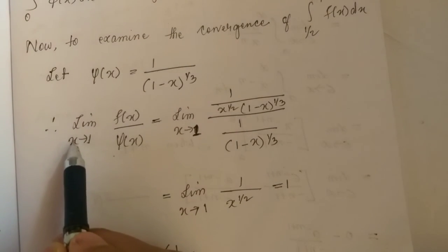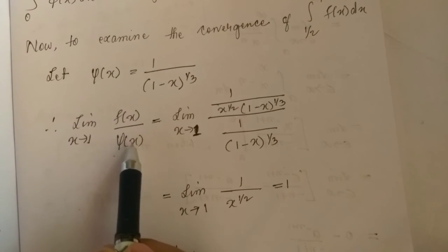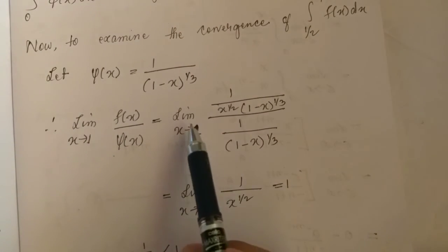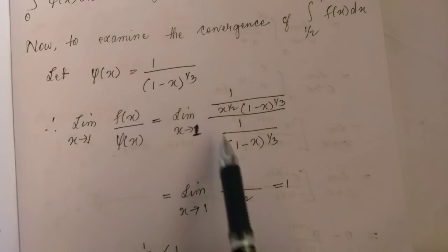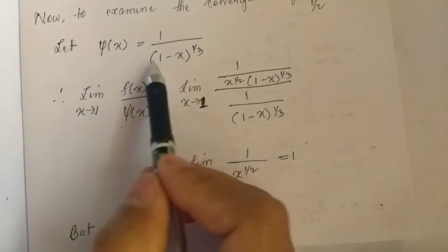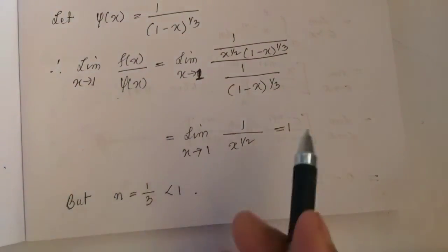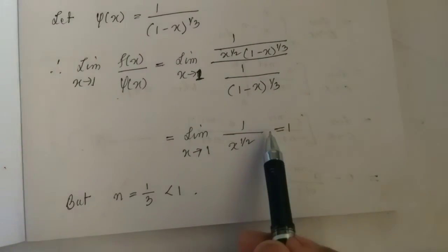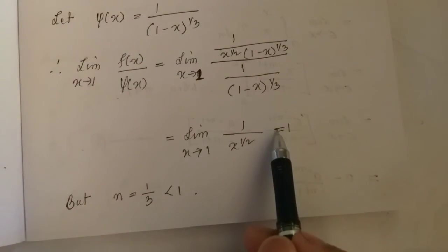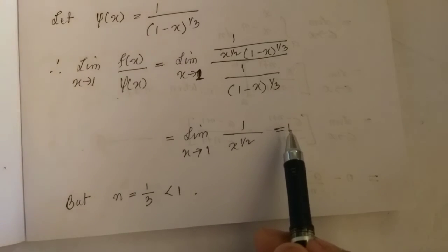Therefore, as x tends to 1, f of x by psi of x, you substitute the values, and you are going to get that limit to be equal to 1, which is neither equal to 0 nor equal to infinity.